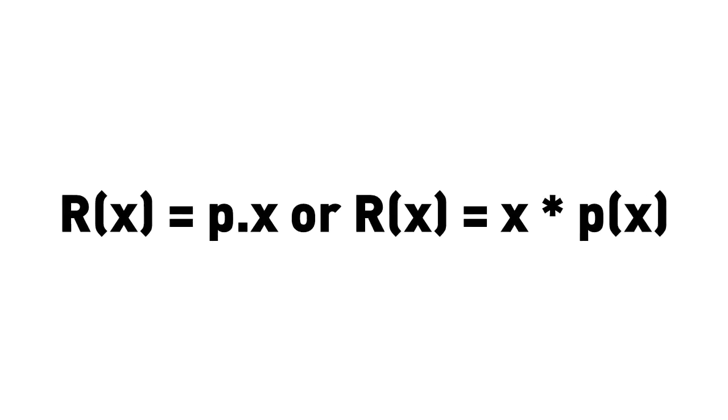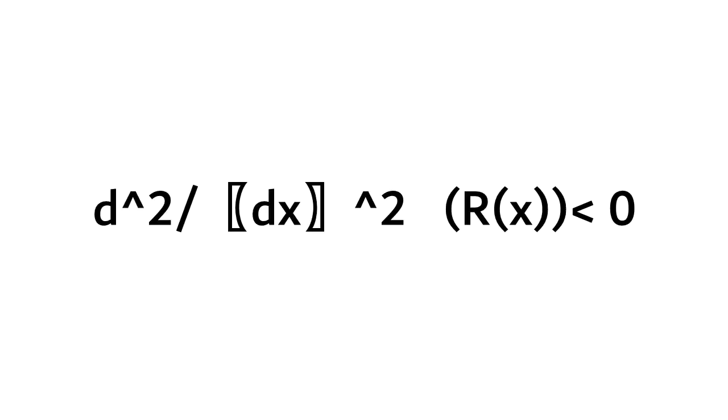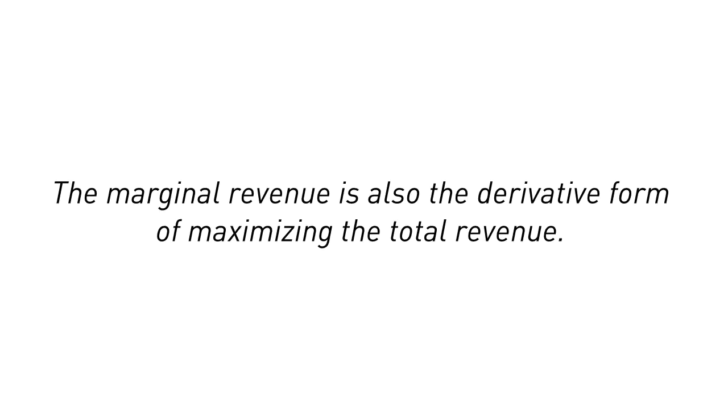Thus, R of X is equal to PX, or R of X is equal to X times P of X. Therefore, MR, the derivative of R of X, is equal to 0, and we find the value of X for which the second derivative of R of X is less than 0. The marginal revenue is also the derivative form of maximizing the total revenue.